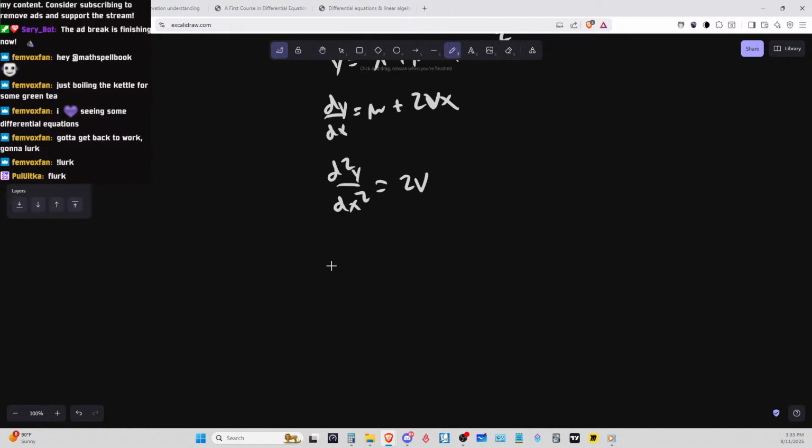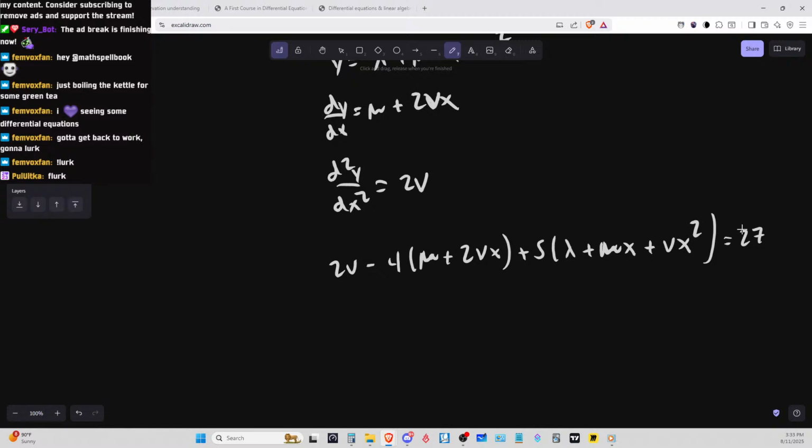Putting this all in the formula. So minus 4 mu, and then plus 5, which is lambda plus mu x plus nu x squared. And the rest of that is 27. Oh no, that's 25. So it's 25.